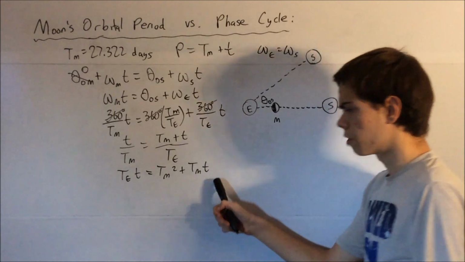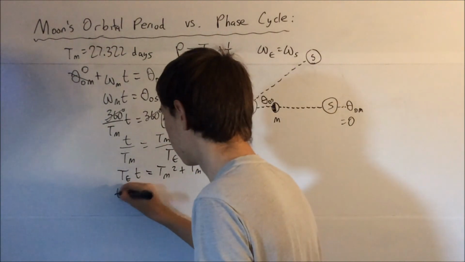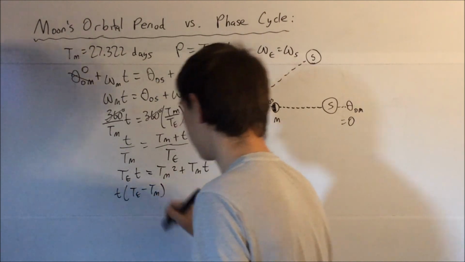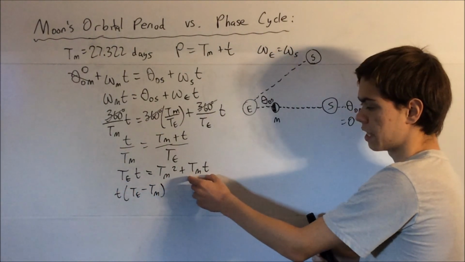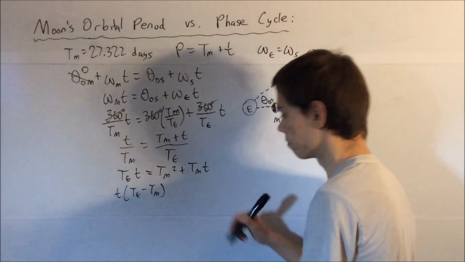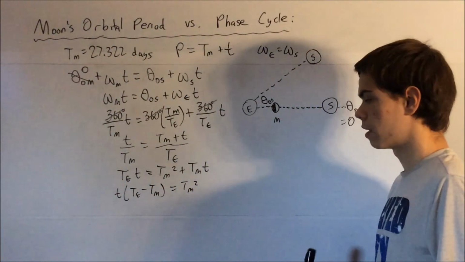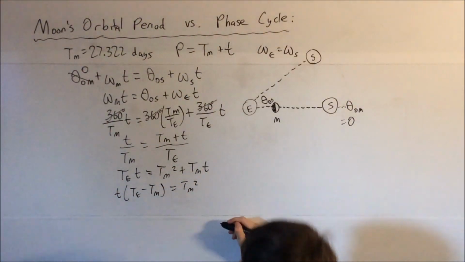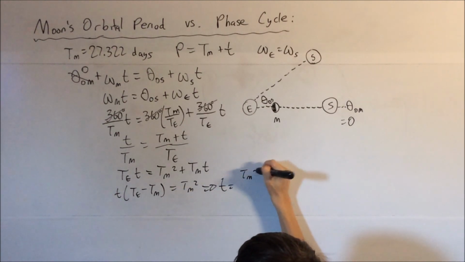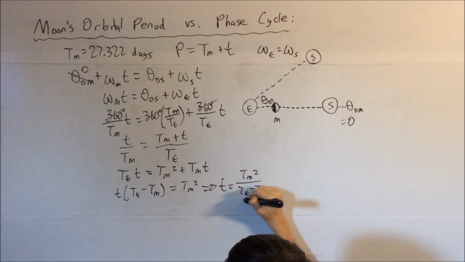To solve for t, I'm going to subtract Tm t on both sides. So I get t times (Te minus Tm), from subtracting Tm t on both sides and then factoring out this little t, is equal to Tm squared. As a result, this extra time period is just Tm squared over (Te minus Tm).